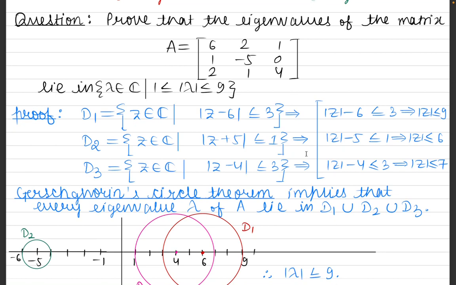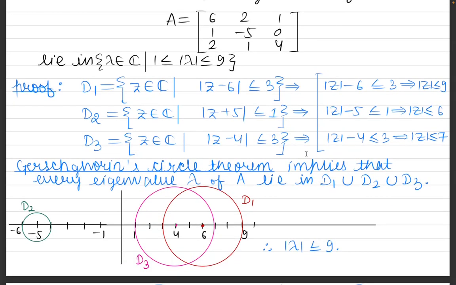Now D2, z in C such that |z plus 5| is less than 1. D3, z in C such that |z minus 4| is less than or equal to 3.